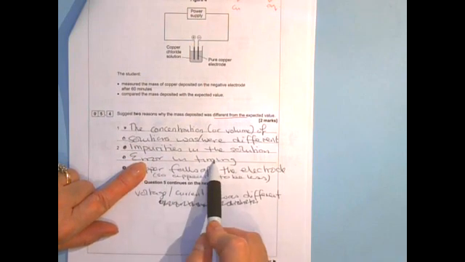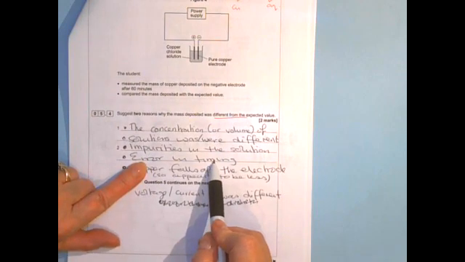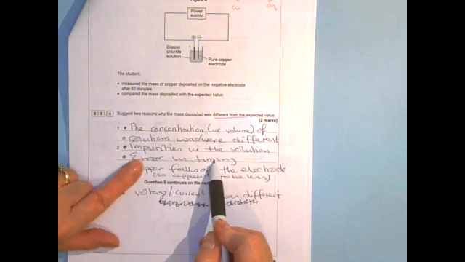You might have timed it for 59 minutes or 63 minutes, so there might have been some error in the timing, longer or shorter. It's possible that so much copper was formed that some of it fell off the electrode, so when you weighed the electrode, there appears to be less than you were expecting.